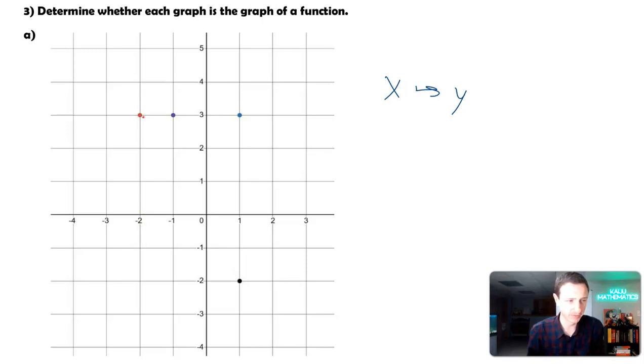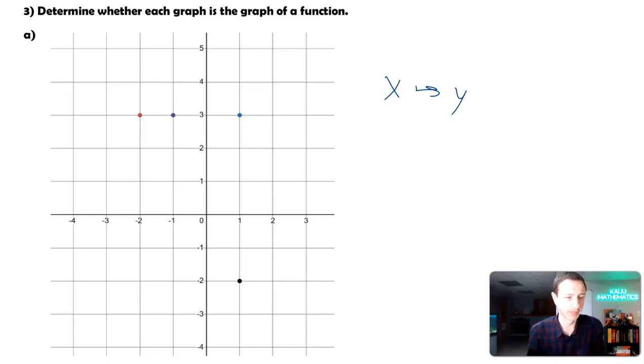So at the x value of -2, it is corresponding with the y value of 3. So that's good. Next x value, this x value of -1 has one output of 3. So that ordered pair would be -1, 3. I do not have any other points on the x value of -1. So that's okay.